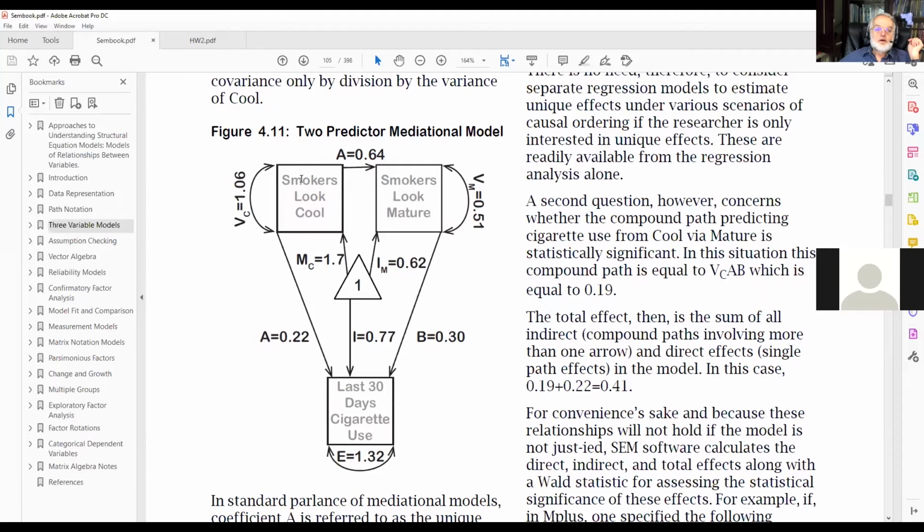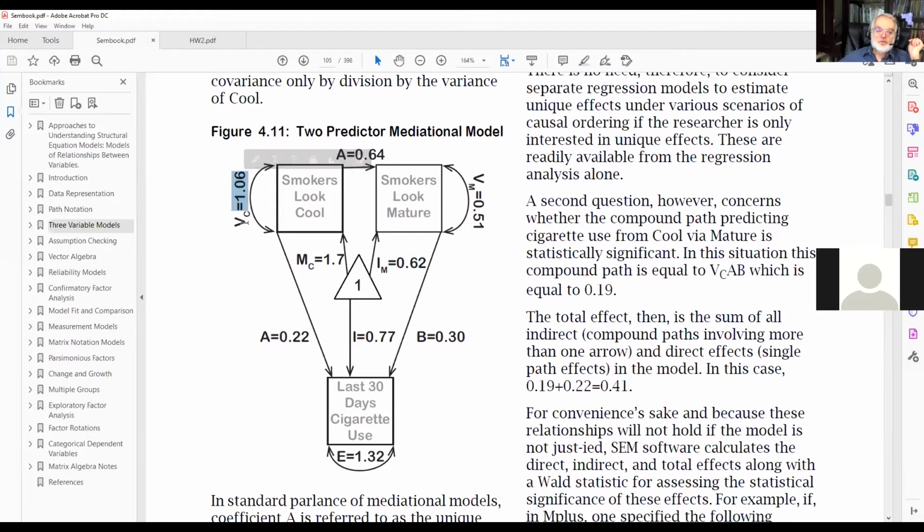That is, I'm thinking that the variable smokers look cool causes both last 30 days cigarette use and also causes the perception that smokers are more mature. And just as before, these numbers correspond to the mean of smokers look cool, and this becomes an intercept for smokers look mature. So let's just talk about this top part here.